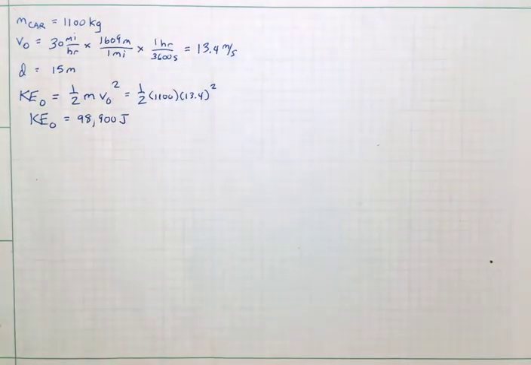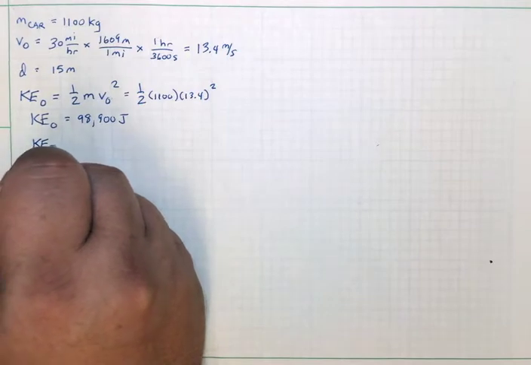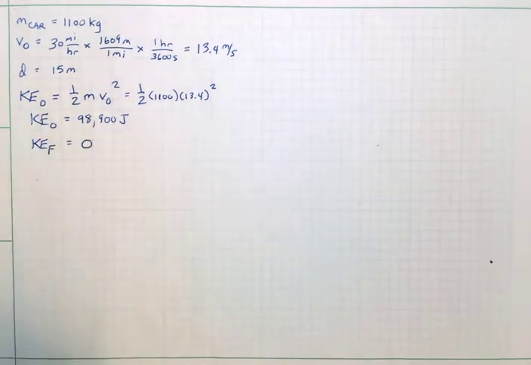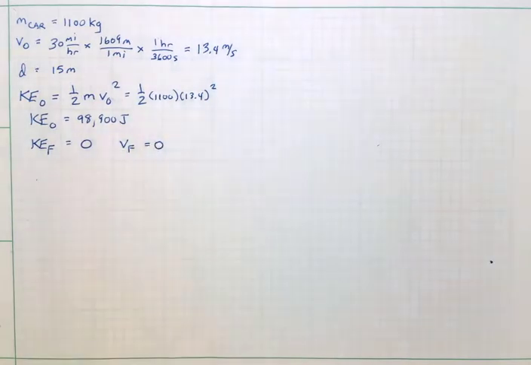Very high number, but remember, a joule is a very small unit. So that's our initial kinetic energy. Our final kinetic energy is going to be 0 because our final velocity is going to be 0. We come to a stop.